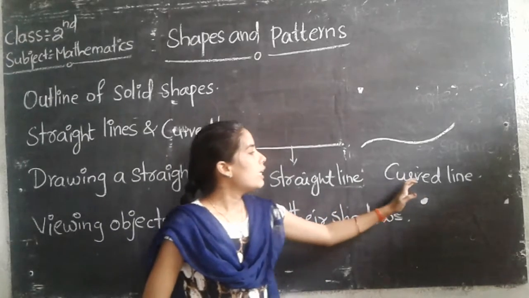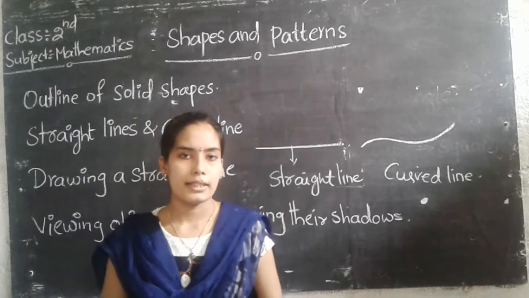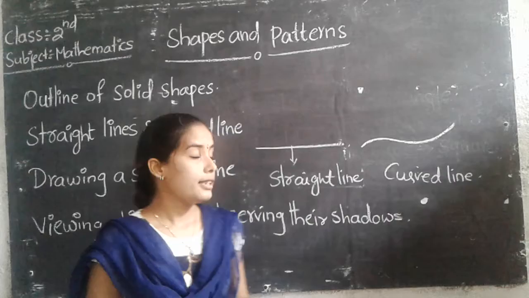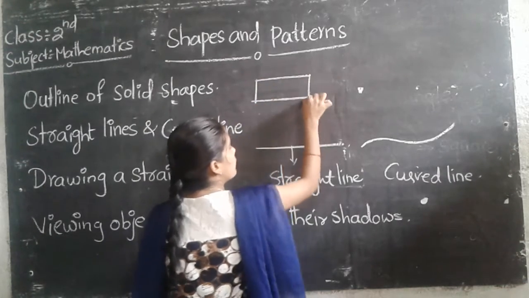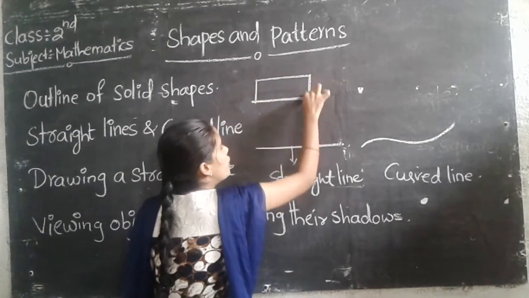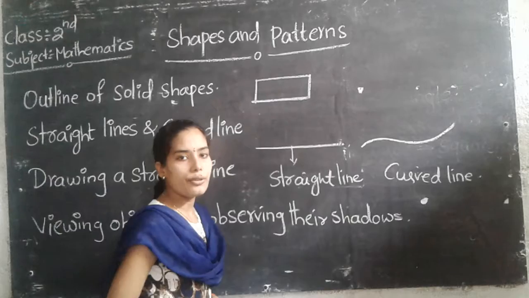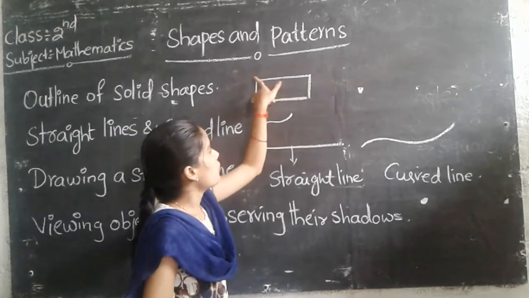Have you observed straight lines in plane shapes? Yes. For example, rectangle: in that rectangle we have all straight lines only. It's not bending like this. Yes, all are straight lines only.